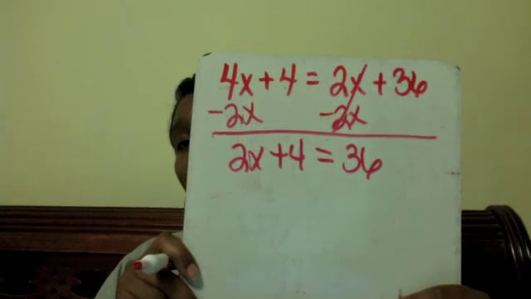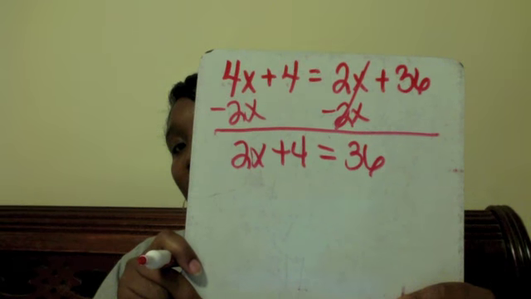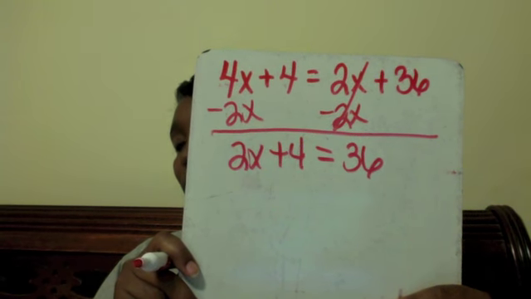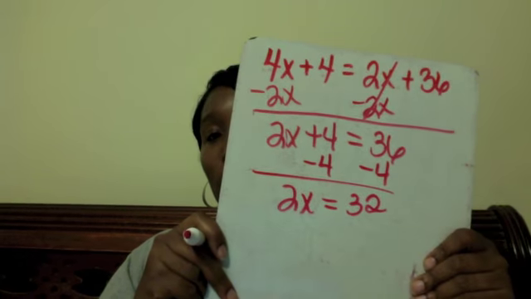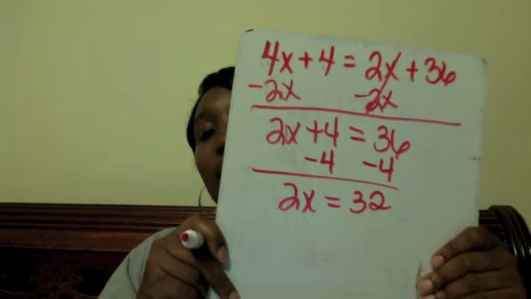When I subtract 2x from both sides, I'm left with 2x plus 4 equals 36. Now I need to subtract 4 from both sides, and I'm left with 2x equals 32. Okay, divide both sides by 2, and x is 16.